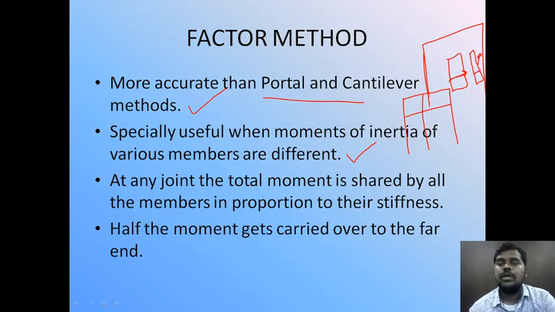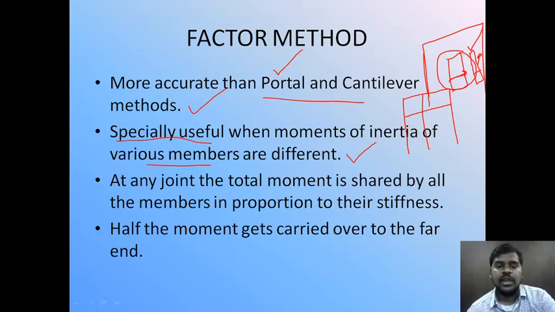Depending on the moment distribution, the designers will design the columns. That means the moments of inertia of this column and these columns are different. In such a case, the factor method is specially used when the moments of inertia of various members are different. If the moments of inertia are different, the factor method plays an important and easy role.